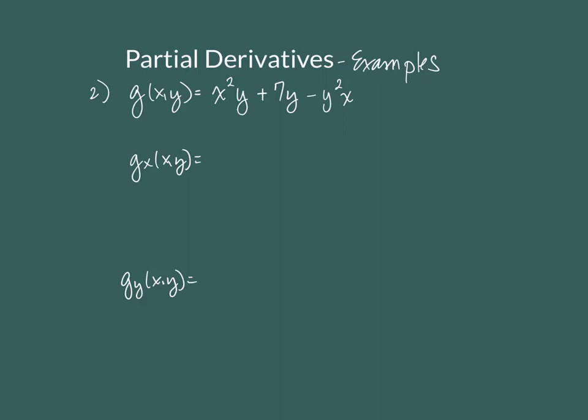Okay, so I'm going to do the same thing. I'm going to write my function and underline the variable of interest. And then this is going to be a constant multiple. This is a constant, and this is a constant multiple.